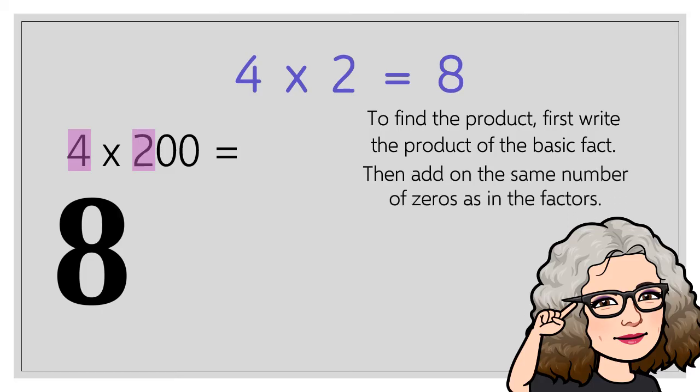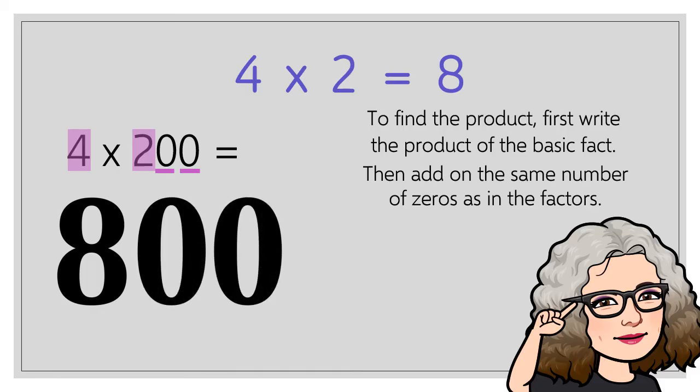And again, I'm going to add on the same number of zeros as in the factors. Well, my factors are 4 and 200. And this time I see 2 zeros, the 2 zeros that are in 200. So I'm going to add 2 zeros to the end of the product of the basic fact. So I'm adding those 2 zeros to the end of 8. So 4 times 200 is equal to 800.